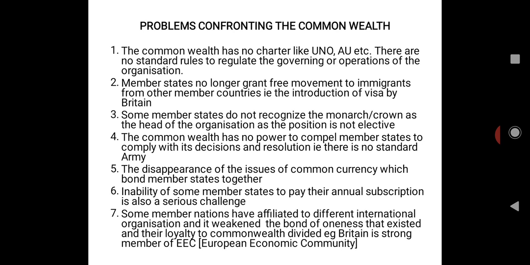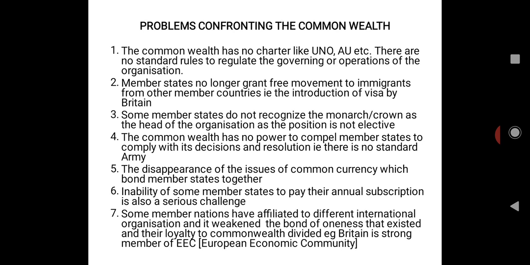Another problem that confronts the Commonwealth of Nations is that some member nations have affiliated to different international organizations, and this particular issue has weakened the bond of oneness that existed.